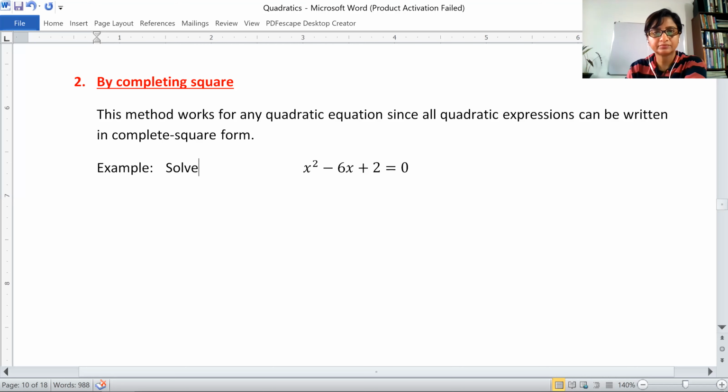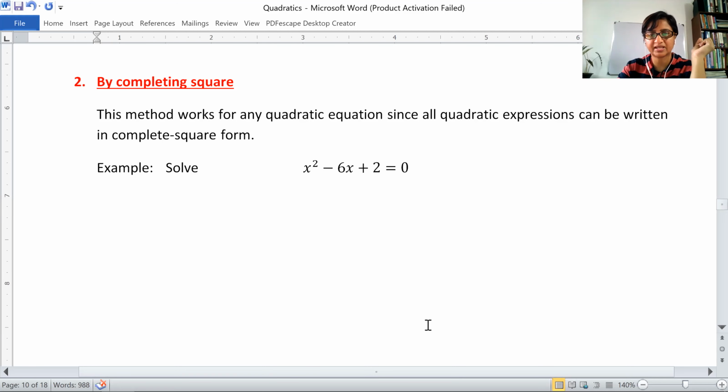Okay, I hope you have done copying. I'm going to change the screen. The one sentence you have to write here is, this method works for any quadratic equation since all quadratic expressions can be written in complete square form.